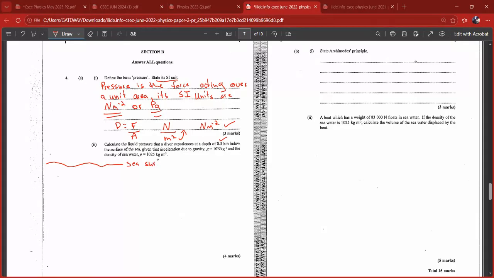Given that the acceleration due to gravity is 10 Newton per kilogram and the density of the seawater is this, what are we to get? The pressure. So let's say the diver is down here, right? Let's say he has a depth of 0.5 kilometer below the surface.